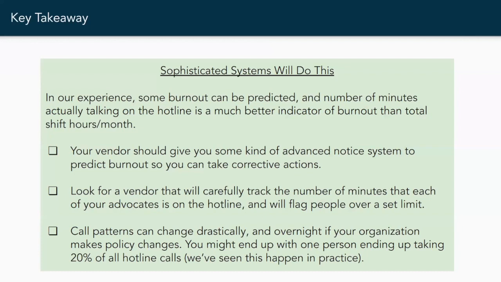So your vendors, whoever it is, they should give you some kind of advanced notice system to predict burnout so that you can take corrective actions. Again, look for a vendor that will do this careful tracking for you, because it's a ton of work. And flag people who have taken more than X number of minutes of hotline calls in a given month.